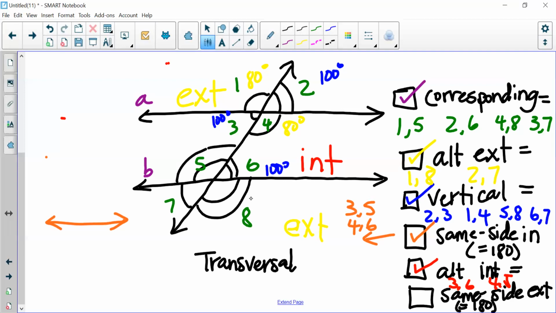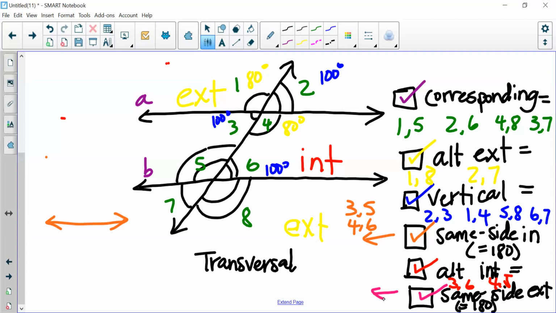Okay, let's talk about same side exterior. Okay.